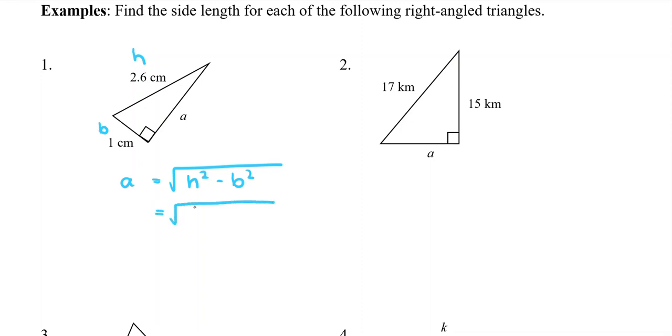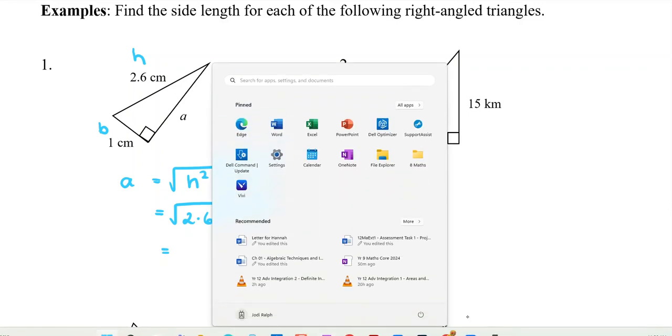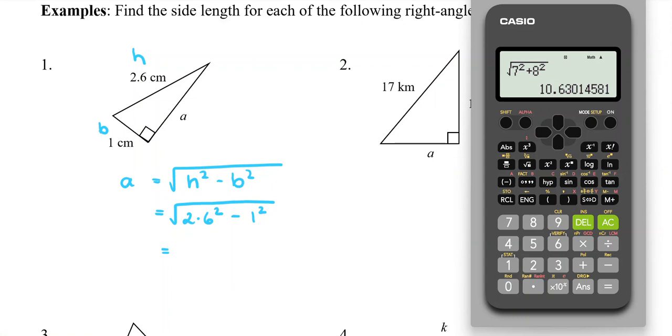So big square root, h is 2.6, we need 2.6 squared, and then we need to minus b squared, which is 1, so 1 squared. If you get them around the wrong way, your calculator will say error because you have a negative number that you're trying to square root. Next line, we type it in our calculator.